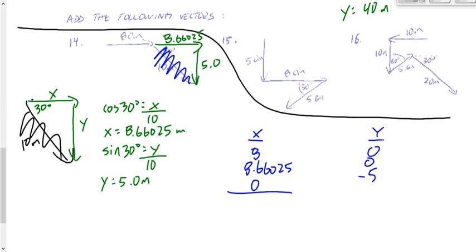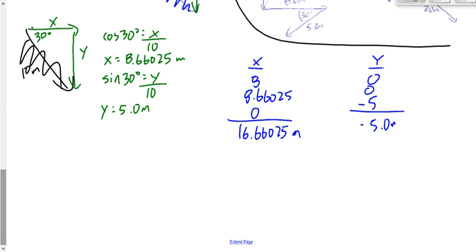Add these up, 16.66025 and negative 5.0 meters. How did I know that 16 is to the right? Because it's positive. And the 5 is down because it's negative. There's my resultant vector right there.